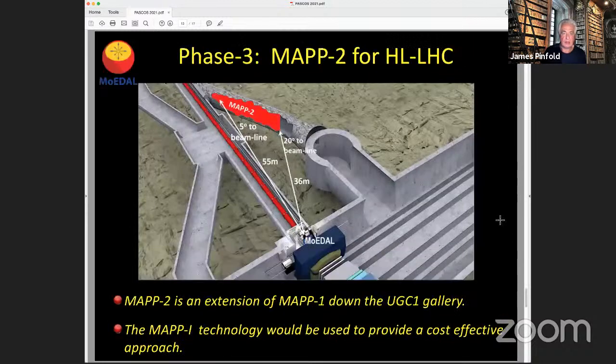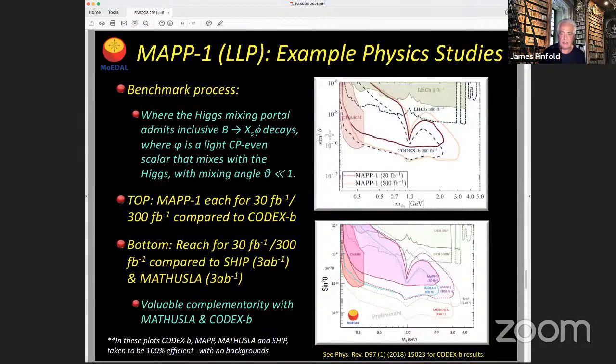Sorry. So when we look at the long-lived particle detector, MAP1, we see where we will take as a physics process an inclusive B decay to a light scalar that decays to 2 muons. It's a usual example that's used. And here we see the coupling, sine squared theta, against the mass of the neutral, the light scalar, the new light scalar. And we can see the limits from MAP1 here with 300 inverse femtobarns.